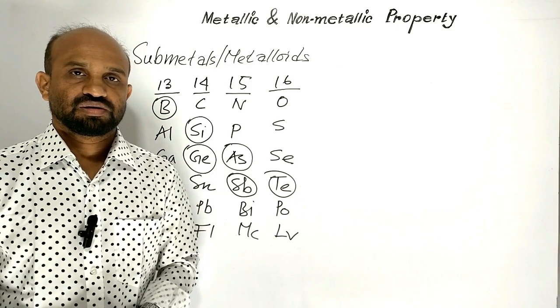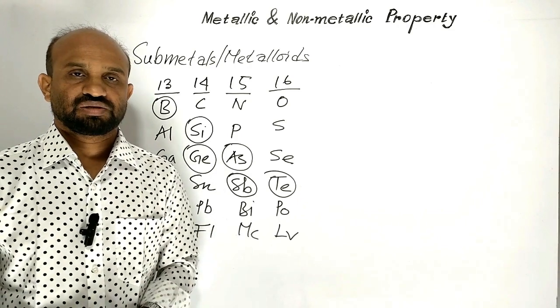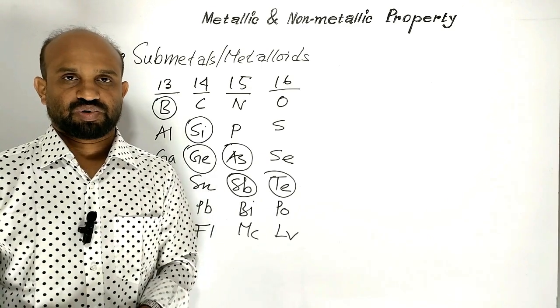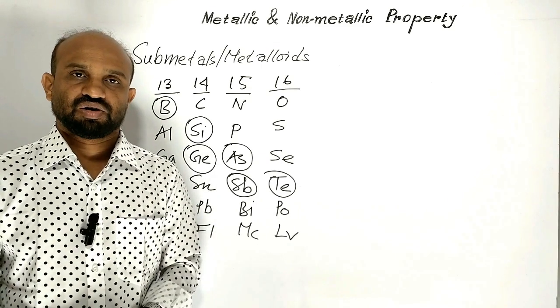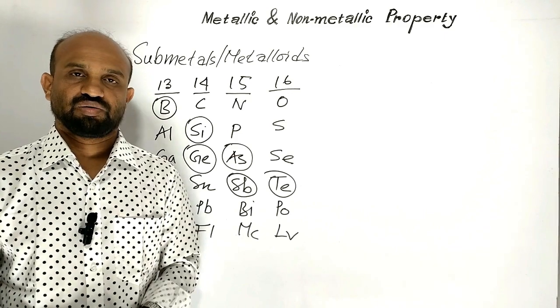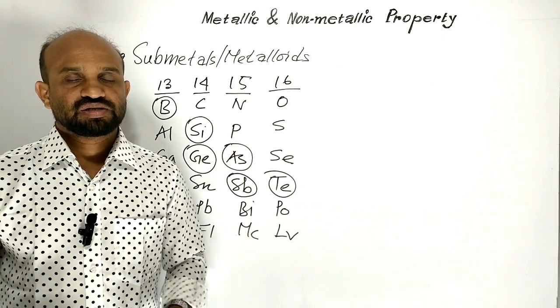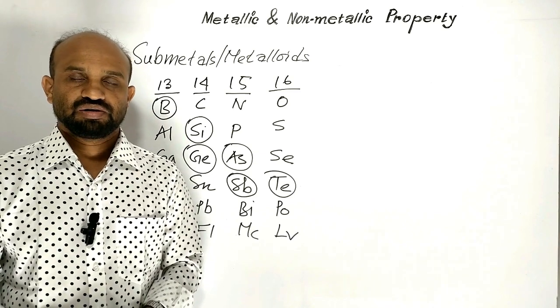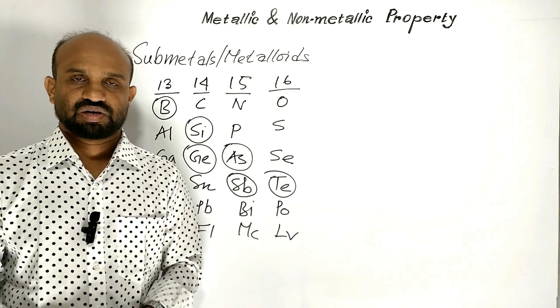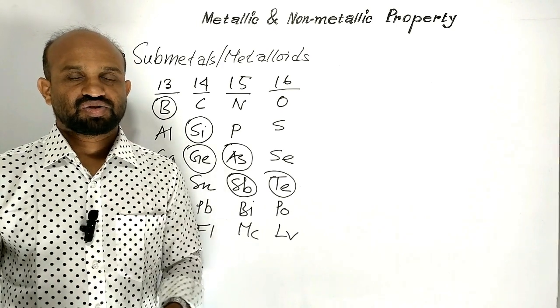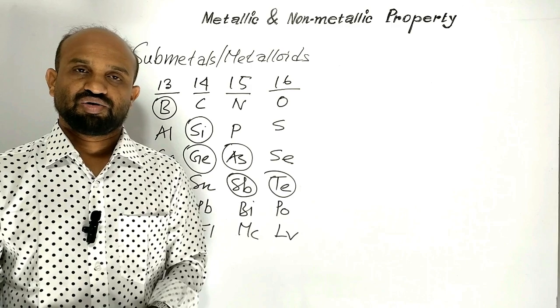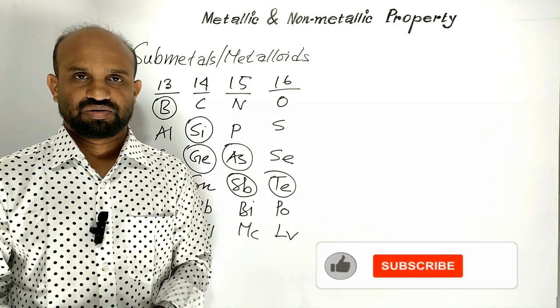The elements that show sometimes metallic property and sometimes non-metallic property are called submetals or metalloids. Elements having metallic and non-metallic property are called submetals or metalloids. This is all about metallic and non-metallic property along a column and along a period.